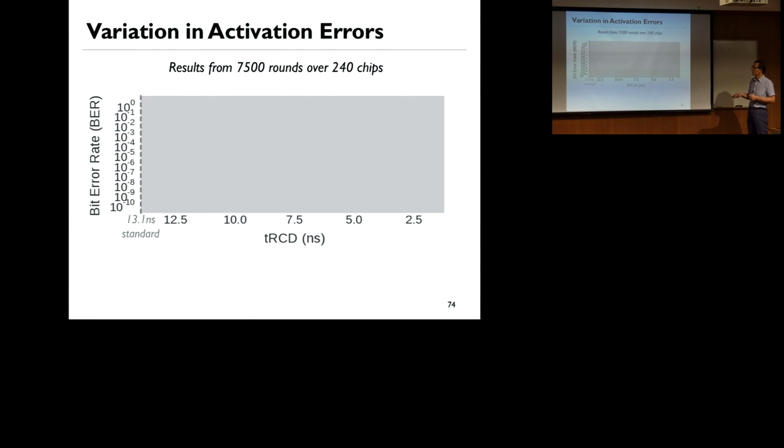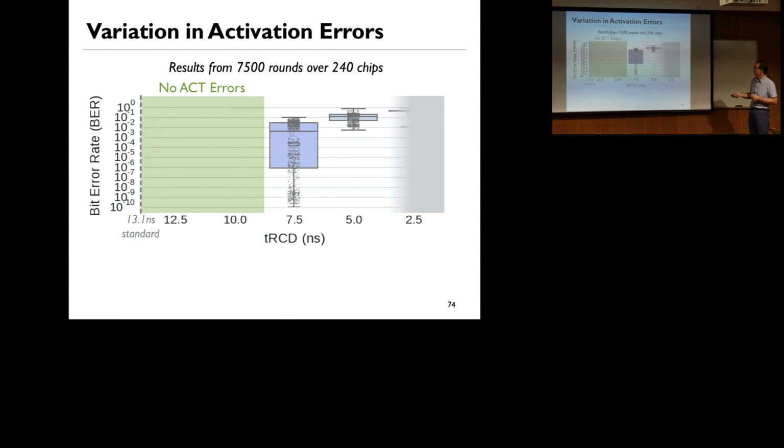And that's what we essentially found. This is results from 7,500 rounds of testing over 240 chips. This is the tRCD, which is the activation latency, and this is the bit error rate that you get. The specified standard latency is 13.1 nanoseconds. As you can see, we don't get any errors until we go down to 7.5 nanoseconds.